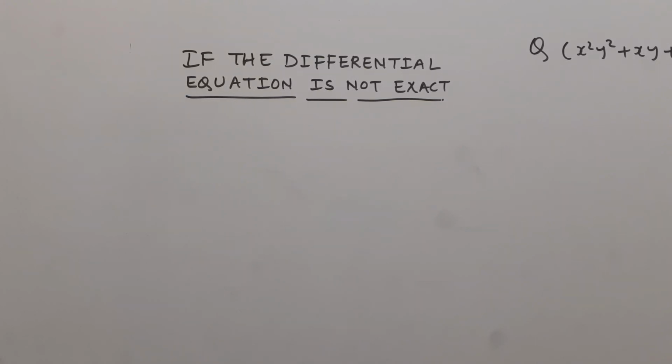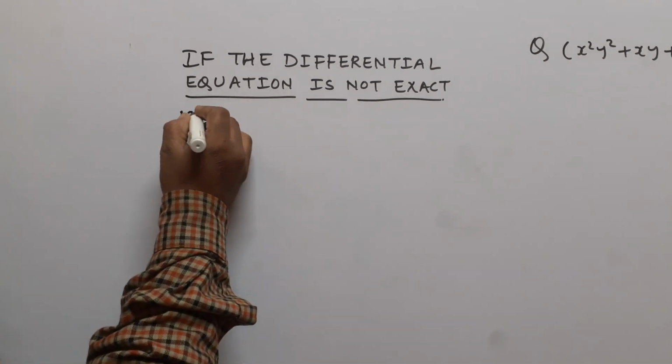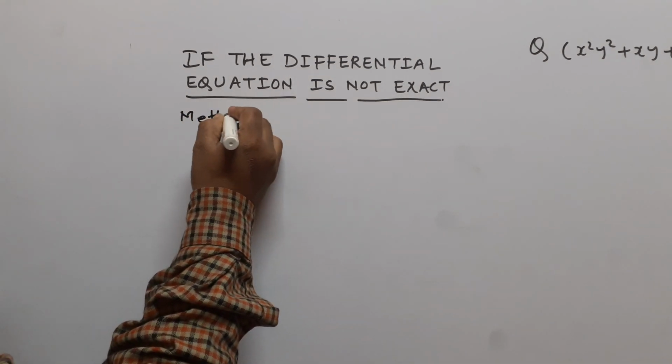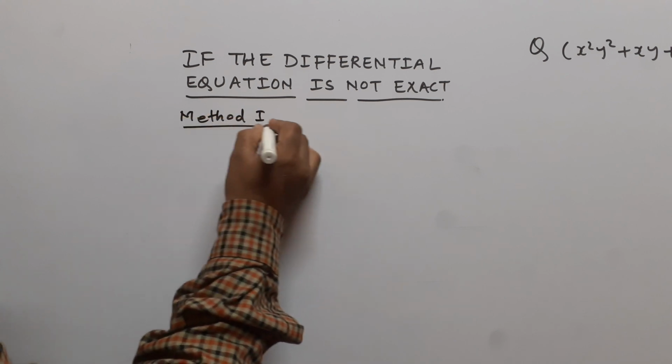In this article, we study what to do if the differential equation is not exact, so how can we solve the given first order, first degree differential equation. First, here we describe method 1.